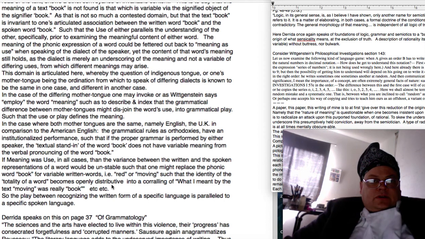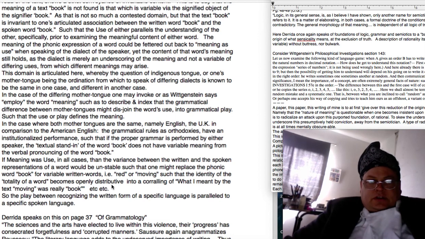The meaning of the phonic expression of the word could be fettered out back to meaning as use when speaking of the dialect of the speaker, yet the content of the word's meaning still holds, as the dialect is merely an underscoring of the meaning and not a variable of differing uses from which different meanings may arise.